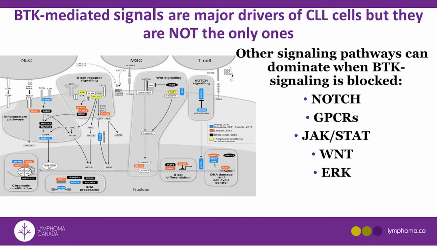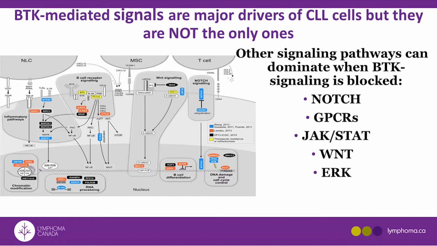These signals are sent into the nucleus to tell the cell to divide through a protein called BTK, or Bruton's tyrosine kinase. Ibrutinib blocks Bruton's tyrosine kinase, and so it just deactivates the CLL cell. And then the CLL cell comes out of this microenvironment and eventually gets cleared by mechanisms we don't quite understand.